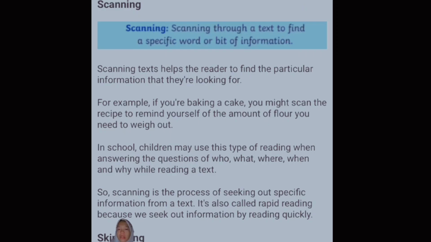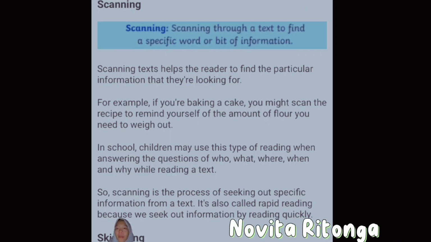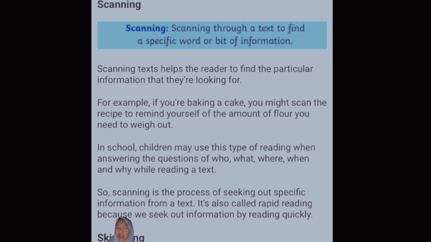I would like to explain about scanning. Scanning is going through a text to find a specific word or bit of information. Scanning helps the reader to find the particular information that they are looking for. For example, if you are baking a cake, you might scan the recipe to remind yourself of the amount of flour you need.